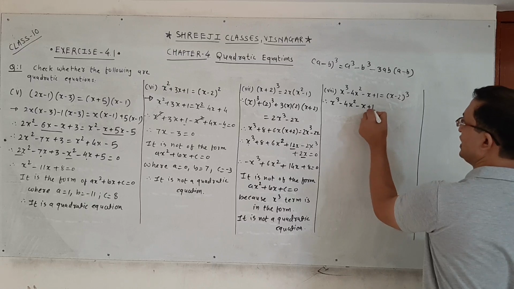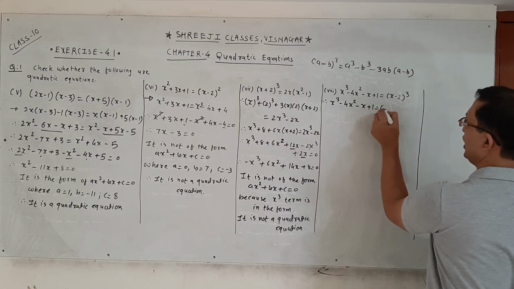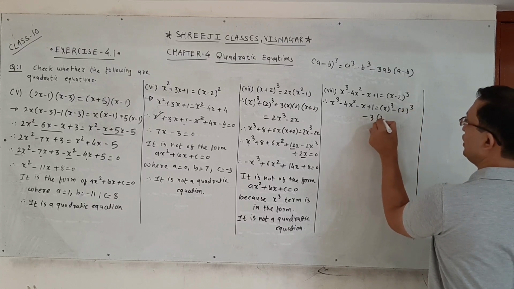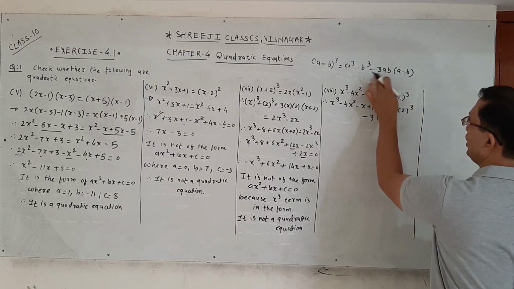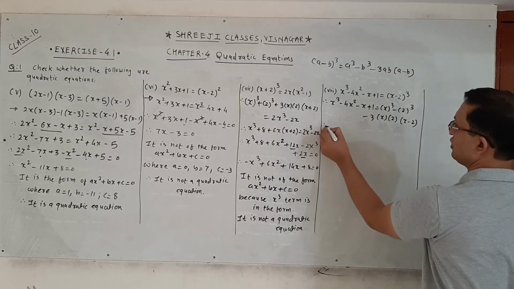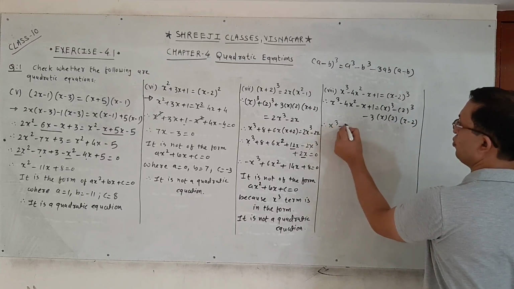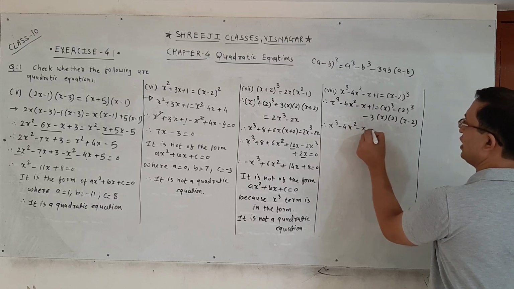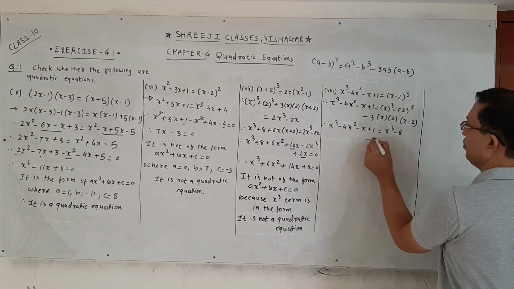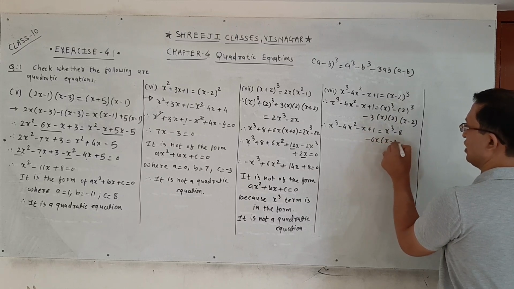Left hand side term as it is, that is equal to x cube minus 4x square minus x plus 1. Right side is x cube minus 2 cube minus 3 into x into 2, 3ab into bracket a minus b, means x minus 2. That is x cube minus 8 minus 6x into bracket x minus 2.